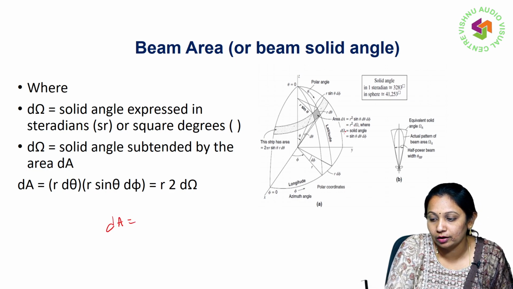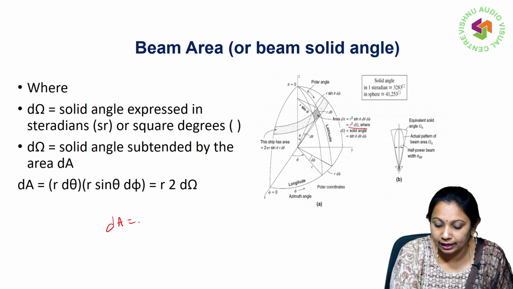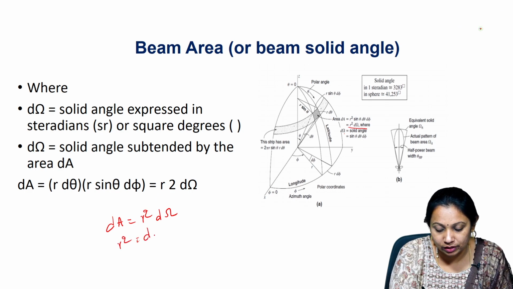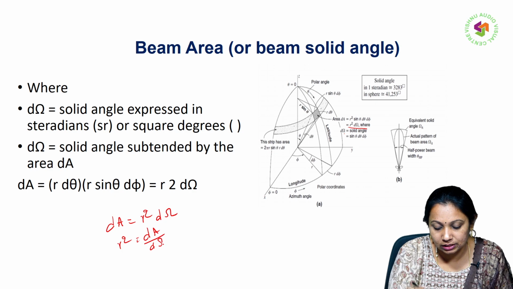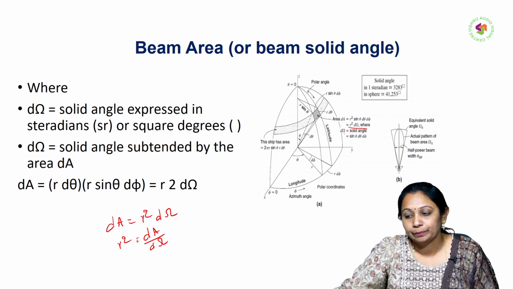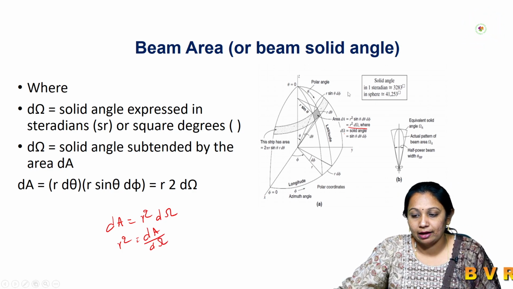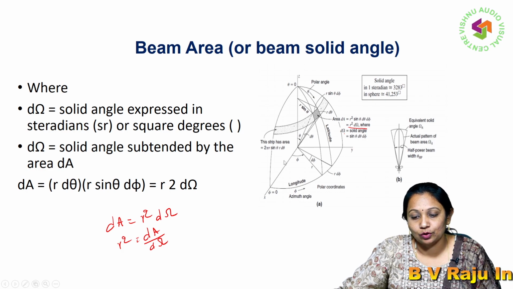From this we can say that r² is equal to dA by dΩ. And this is the relation we have between area as well as solid angle.